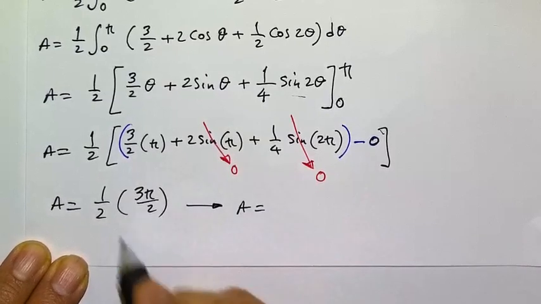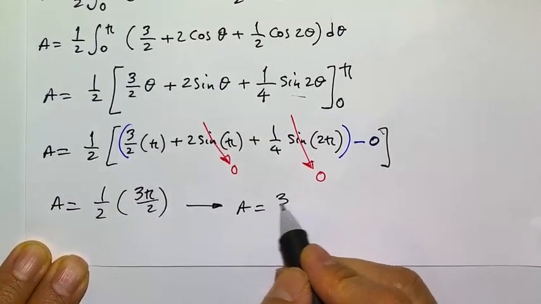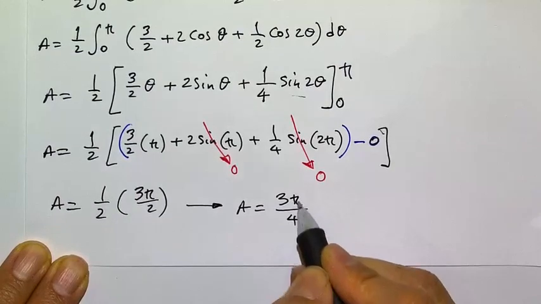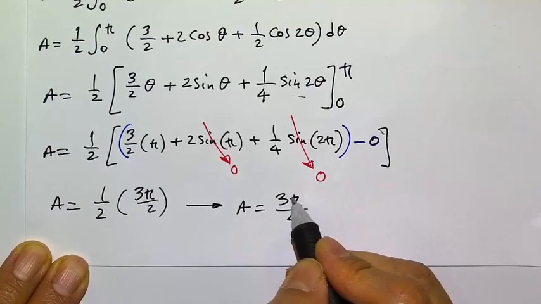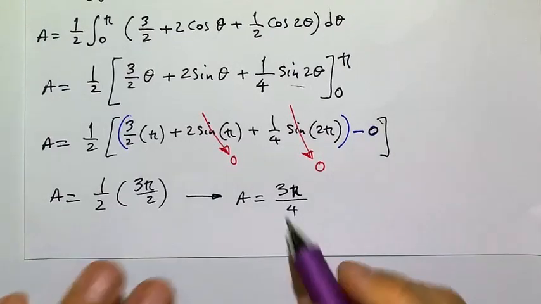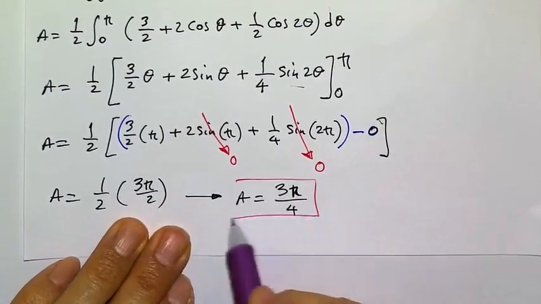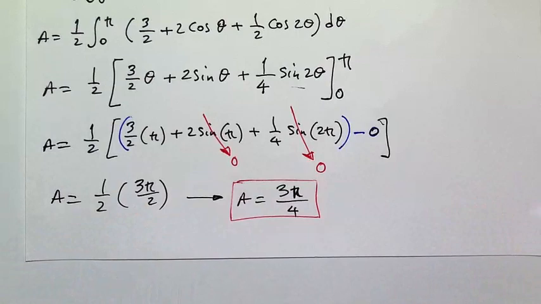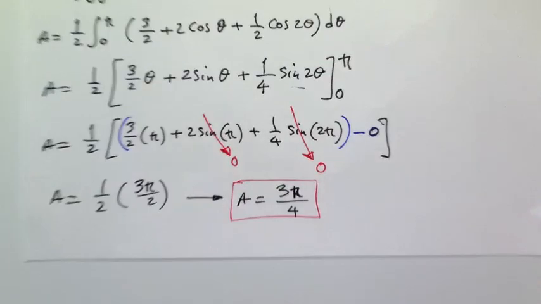Therefore, the area is 3 pi over 4. Okay, I hope this matches what you got in your own calculations.